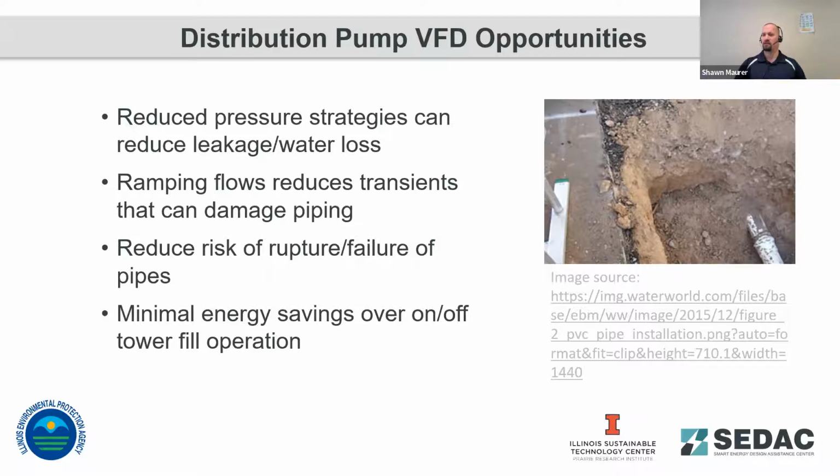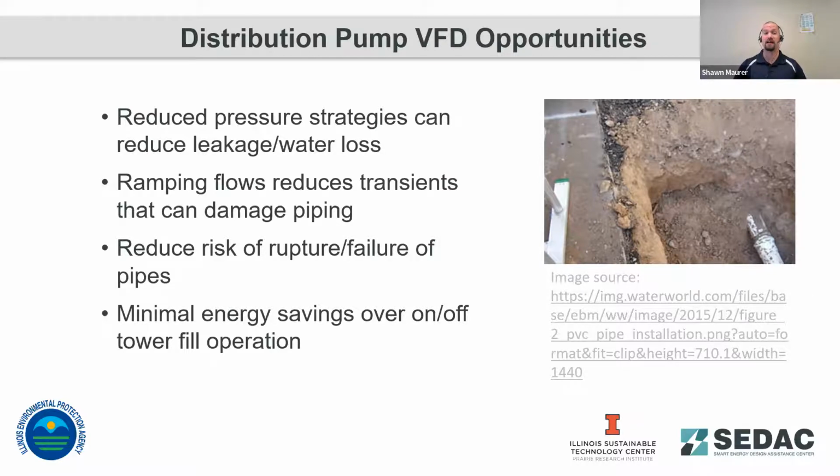But if you have storage capacity in your system where you've got that emergency storage capacity handled, or if you've got distribution pumps that maintain pressure instead of maintaining it through gravity feed from a tower, it's a lot easier to implement VFD control strategies and pressure control strategies to get more savings.